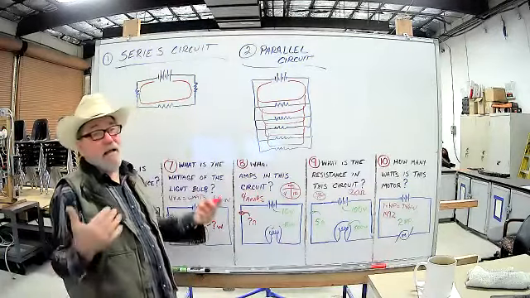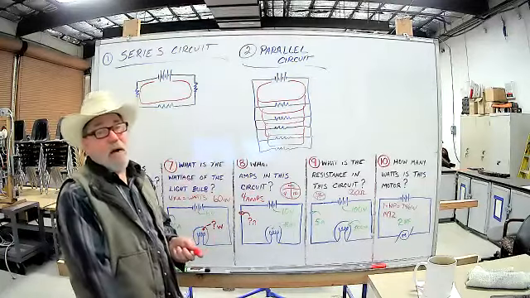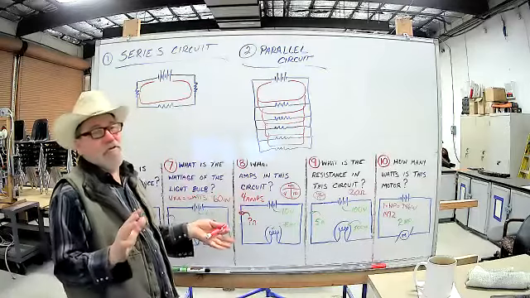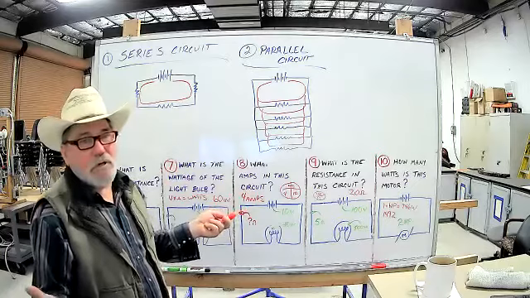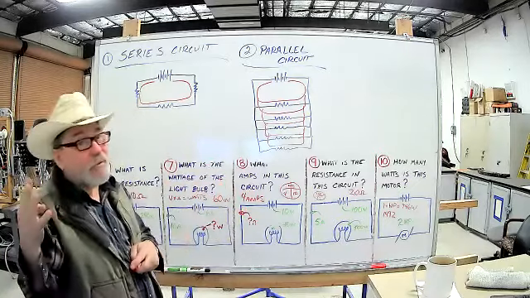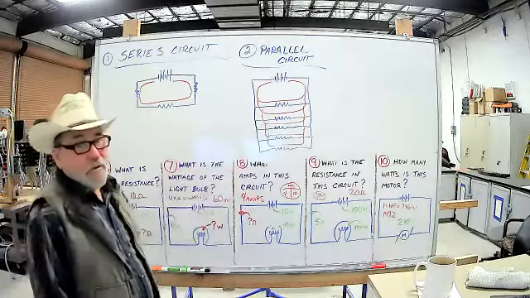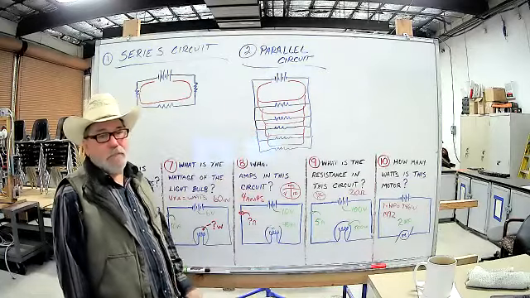So that means the more resistors you have in parallel, your resistance is going to go down. You'll have less opposition to current flow. It'll be like how much water flows in a hose compared to how much water flows in 2 hoses, 3 hoses, 1,000 hoses. So that's what happens when you get into your parallel circuit.